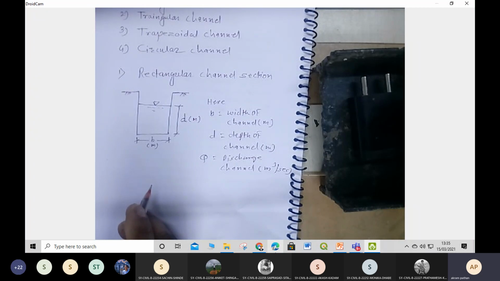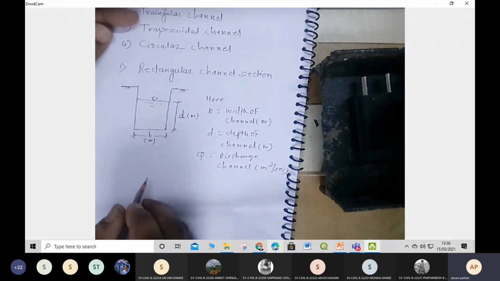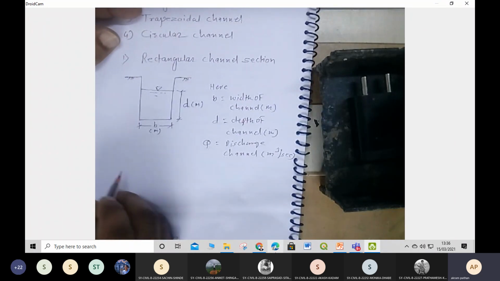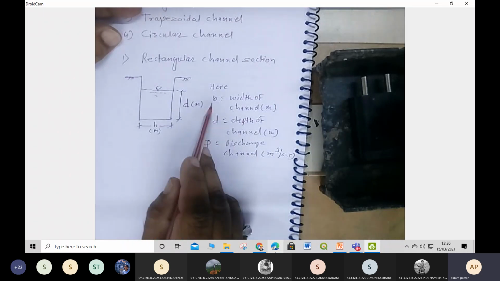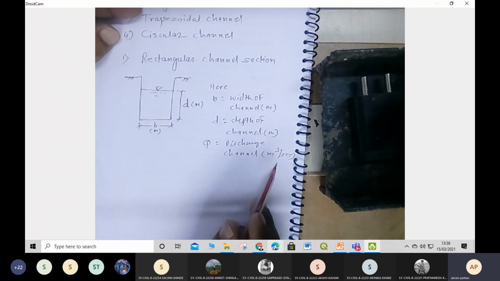Also, one term we are going to learn in this derivation for the rectangular channel section is the most economical rectangular channel section. So I am going to write the derivation. Here b is the width of the channel, d is the depth of the channel, and Q is the discharge flowing through the channel.